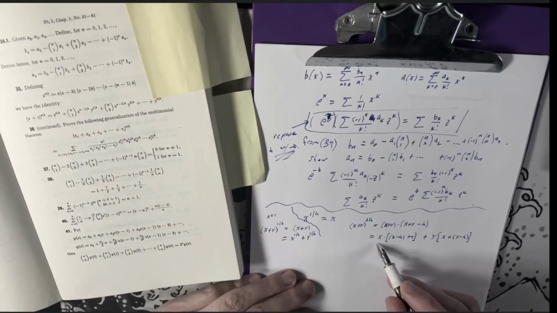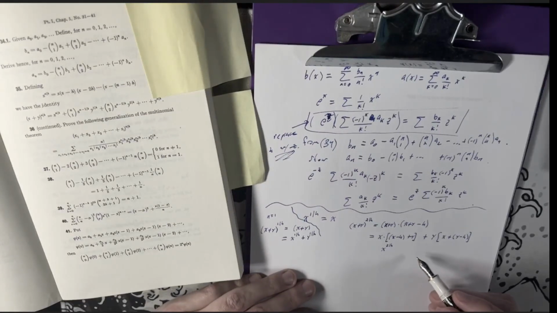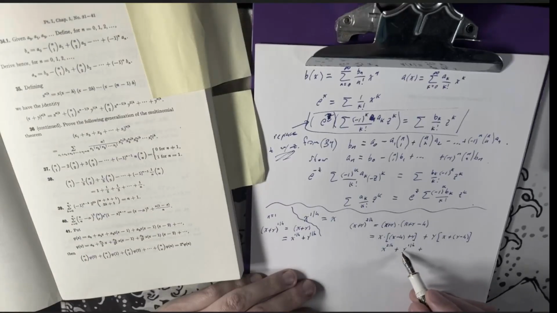This term right here looks like x to the, not 1h, but I guess 2h, right? Plus y to the 1h, and then here I've got, oh, wait a minute, that's not true. That's y to the 1h times x.